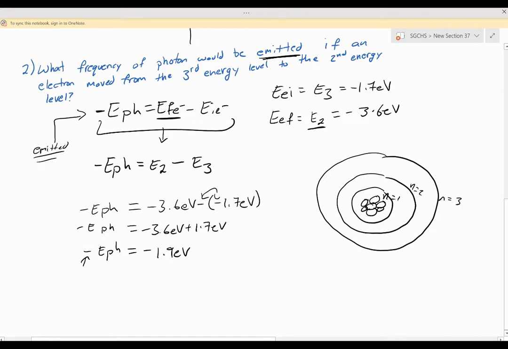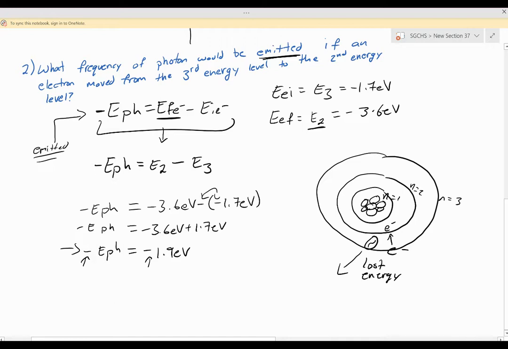We started here, and in order for our electron to jump down to energy level 2, our photon had to be emitted. Our atom lost energy. This is why we get that negative value, and this is why we apply the negative value here, because we can't have a negative photon energy.